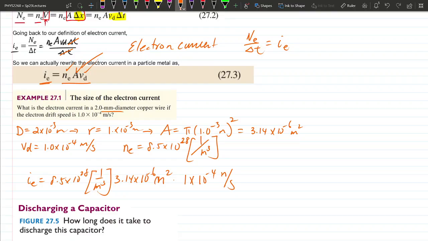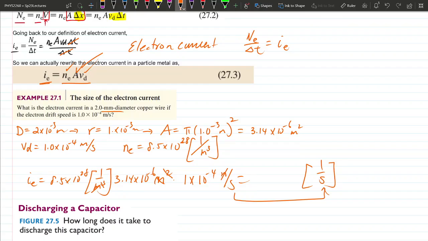The idea is that this will be the number of electrons per second, so it should have units of 1 over seconds. So let's check that first. A meter squared here cancels out with 2 factors of meters here. 1 factor cancels out with the last one. And the only remaining units is actually 1 over seconds.